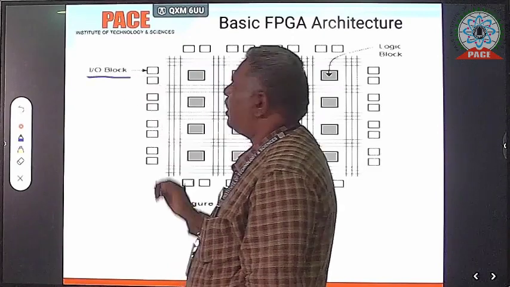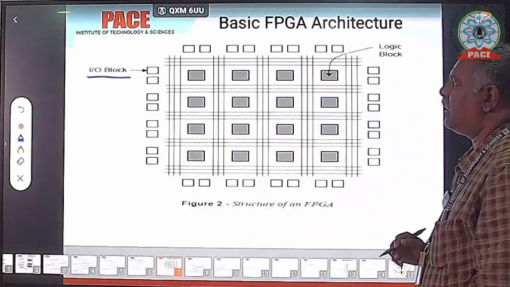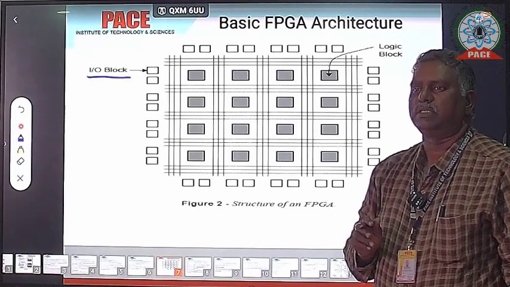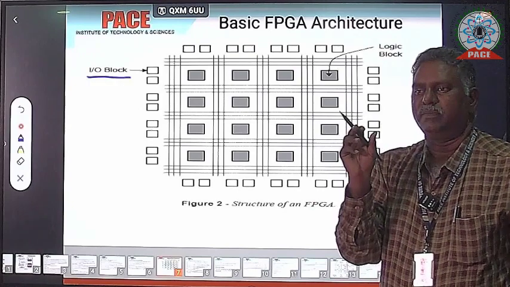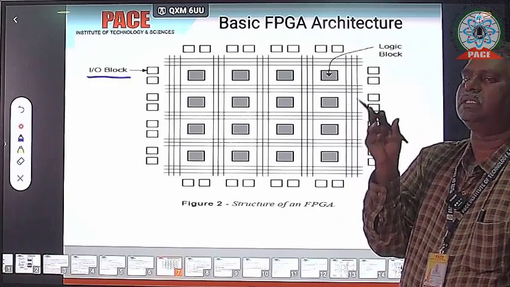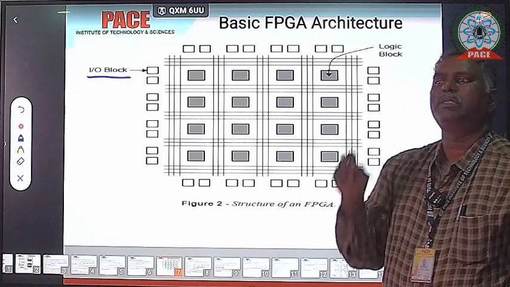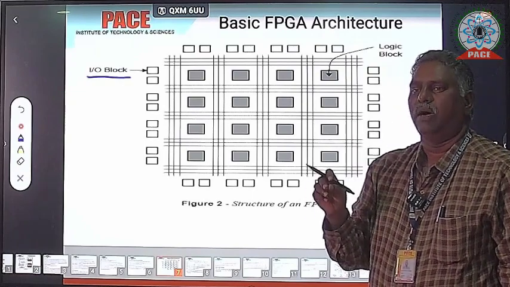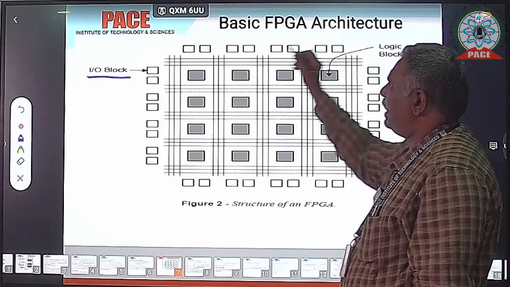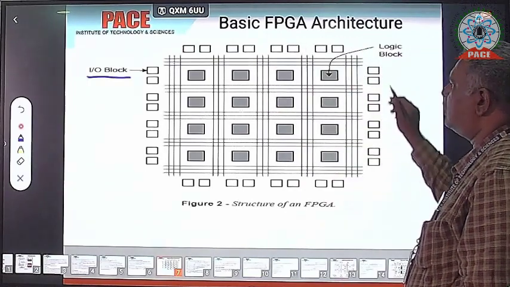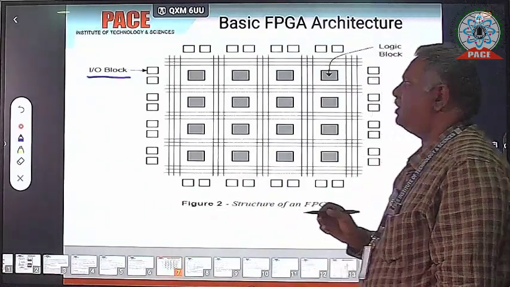Input output blocks are nothing but the pins. For every IC we have pins, and some of the pins act as inputs and some act as outputs. That is why the outer edge blocks are called input output blocks.